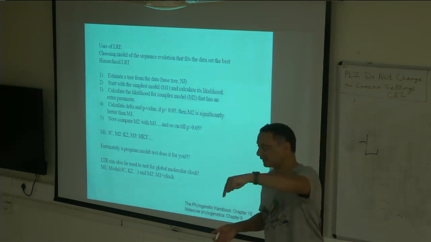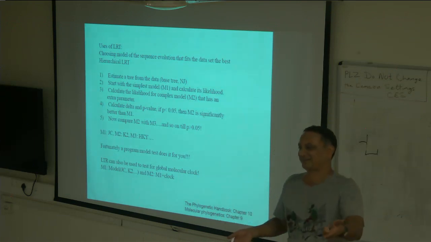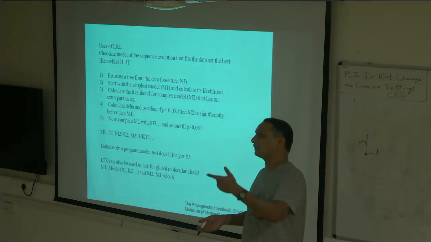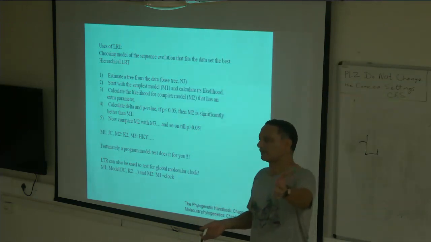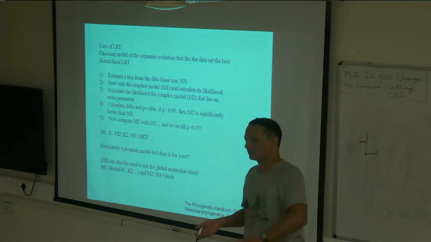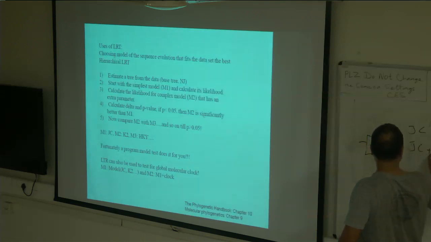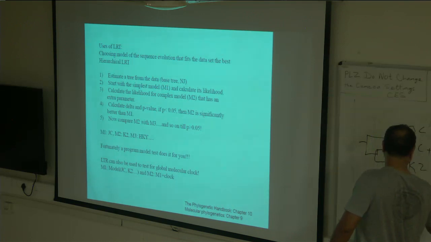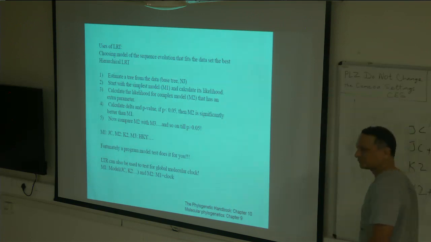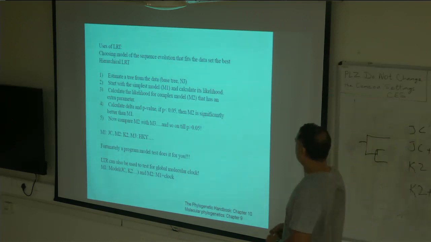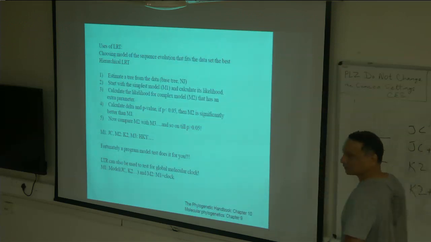But to calculate the likelihood of a model, you need a tree, right? So what these programs do is they start with the neighbor joining tree. So you get some tree, and then you start applying the different models, and so on, and you have the likelihood score.